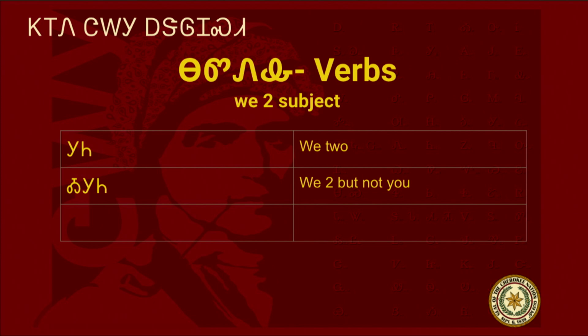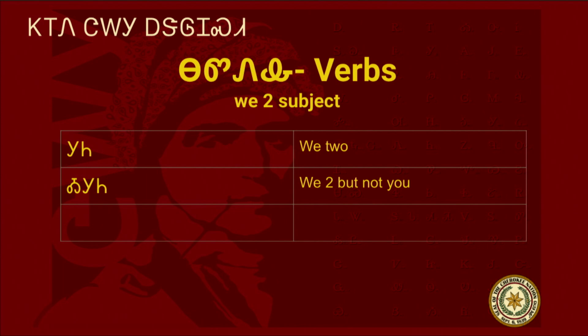Okay, so we're going to add two more to it. We're going to add gin and ogin, okay, or gini and ogini, okay. Some people say gin, some people say gini, ogin and ogini. So notice that it says that both of them mean we two, the two of us, right? We, the two of us.